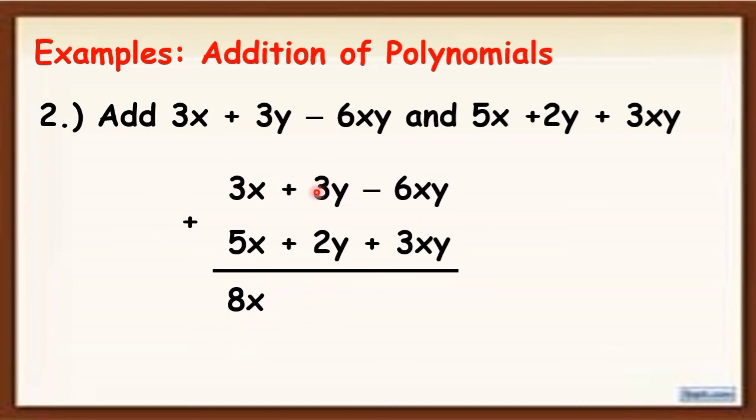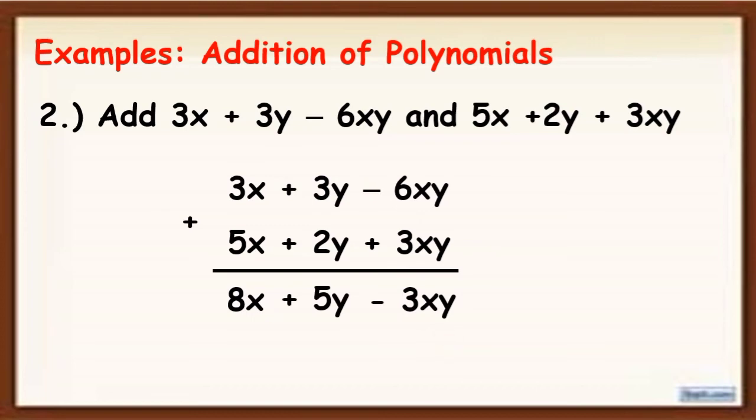Then 3y plus 2y is equal to 5y. And negative 6xy plus 3xy is equal to negative 3xy. So the final answer is 8x plus 5y minus 3xy.